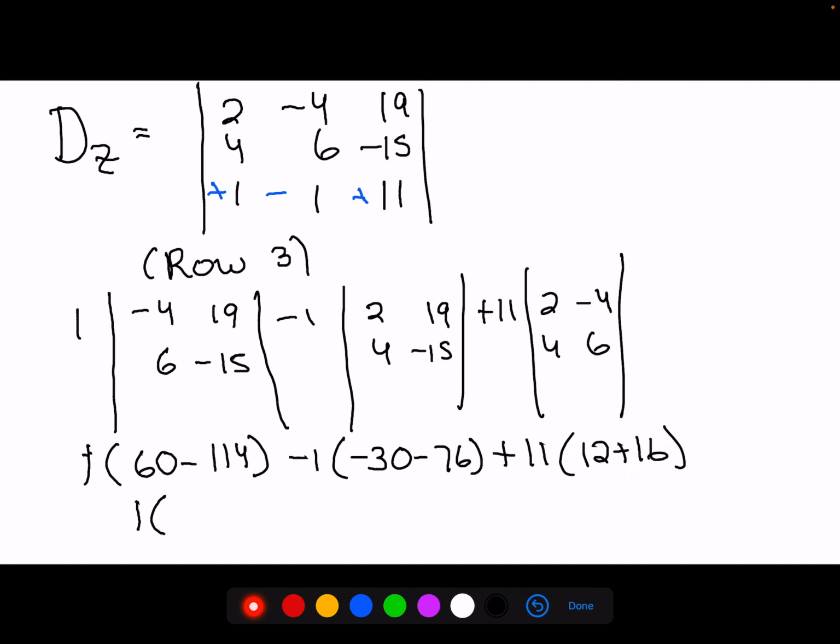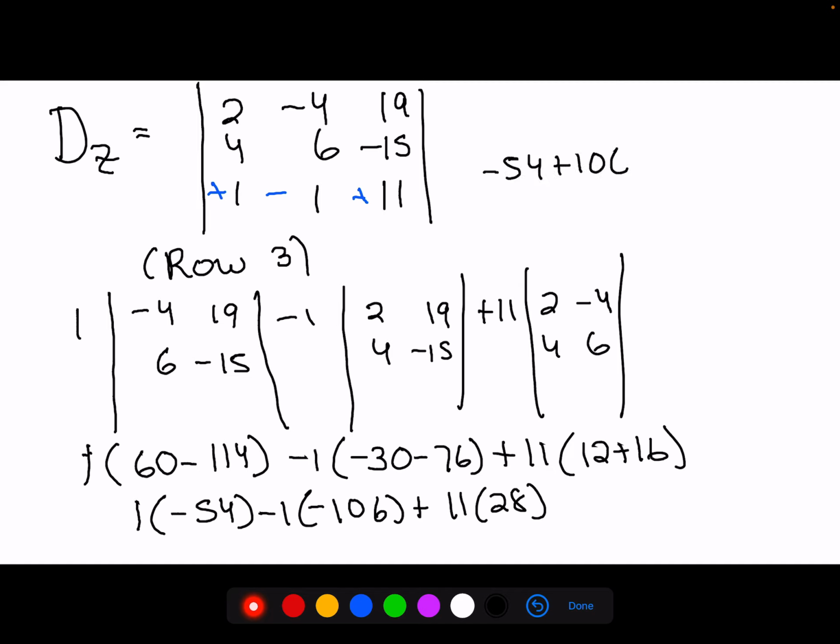So 1 times negative 54 minus 1 times negative 106 plus 11 times 28. So we got negative 54 plus 106, so that's 52, and then plus 11 times 28. So 28 and 28, you get 308.